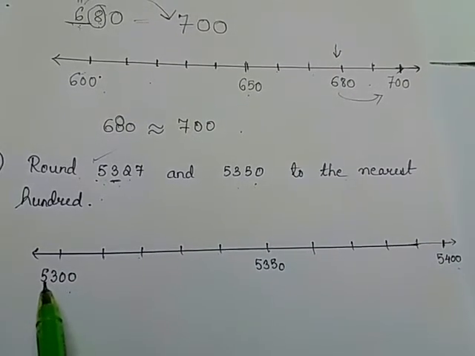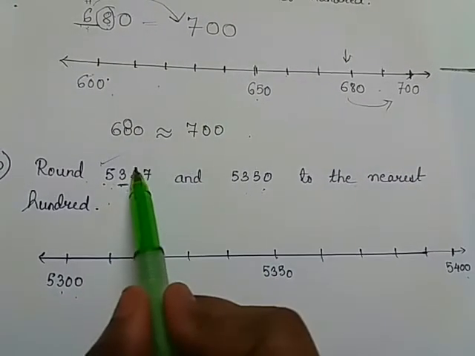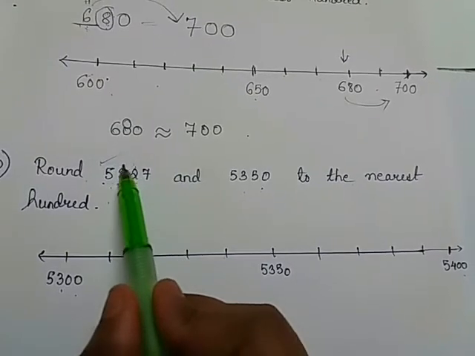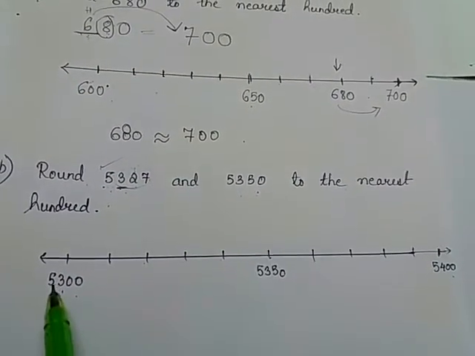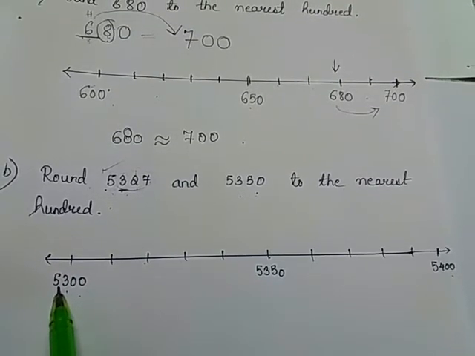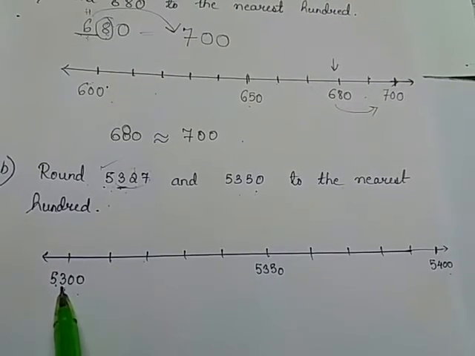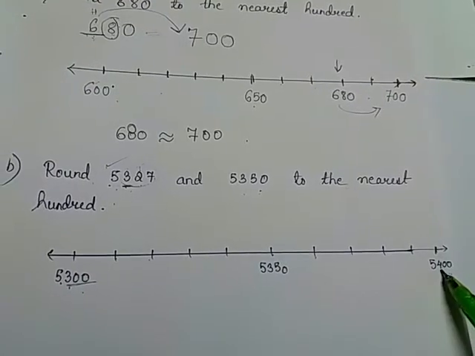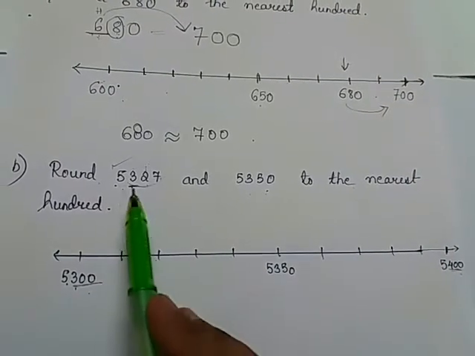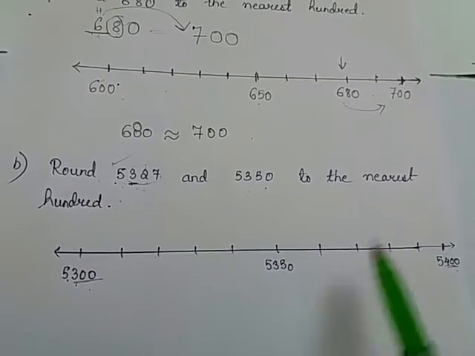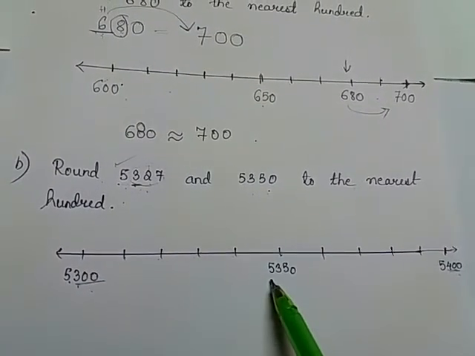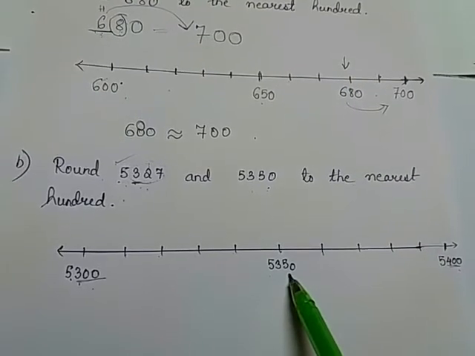And why are we taking 5300? Because we have to round it to the nearest 100. That means something over here will change. That's why we are keeping 5 as it is, because it is at the 1000 place, and we have to just see to which number this will get rounded. Now let's see, this will be 5350 in that case.